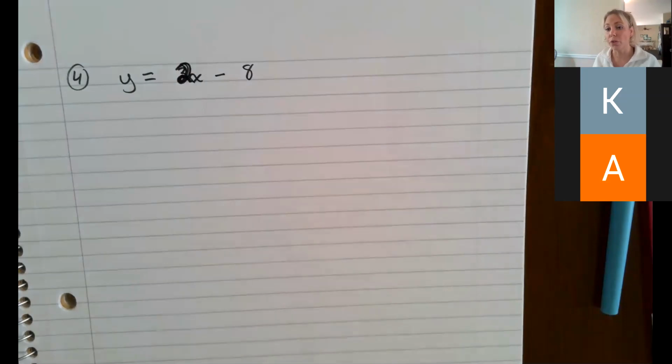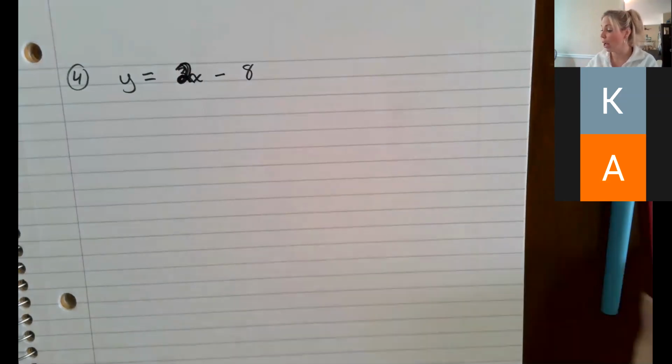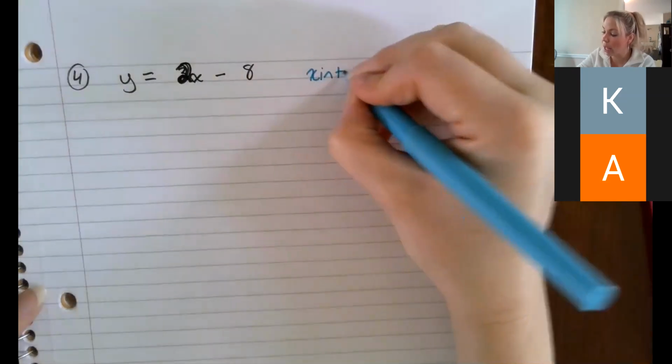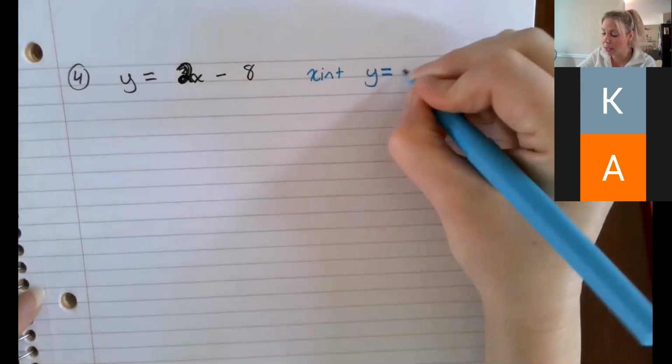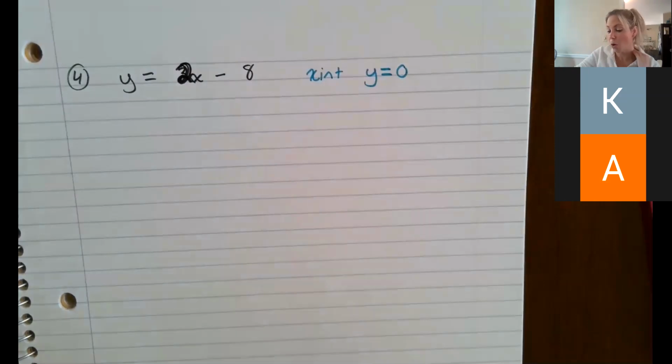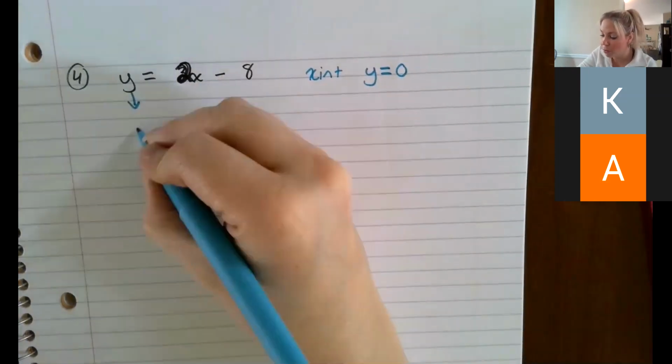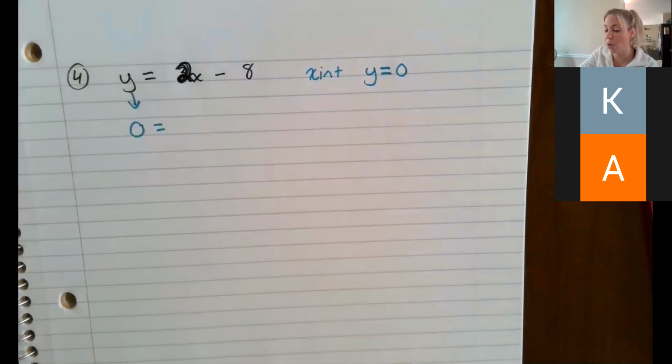In order to solve for your x-intercept, the x-intercept is the point at which y is equal to 0. So all we have to do is replace your y value with a 0 and then solve the equation.